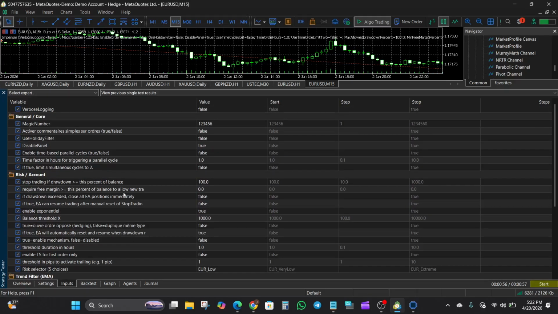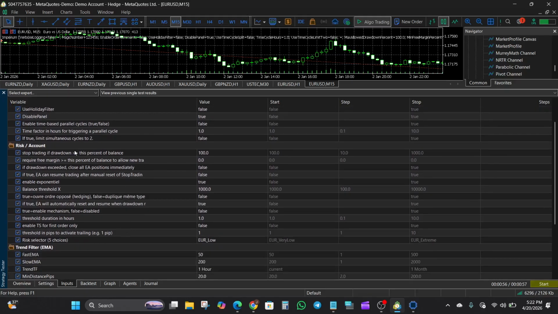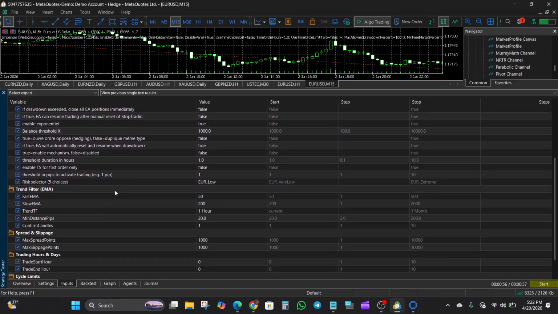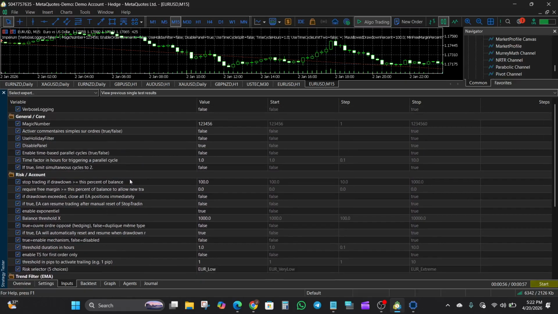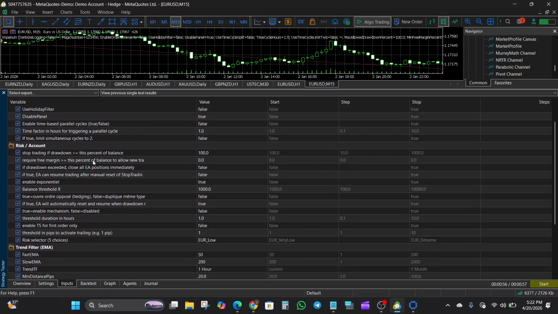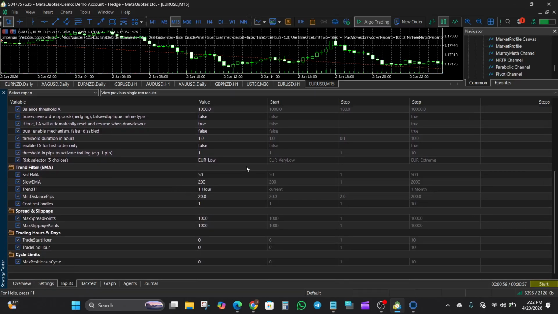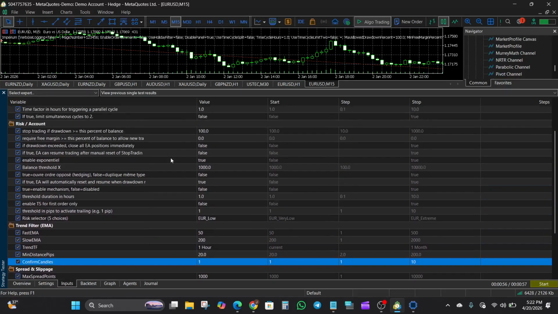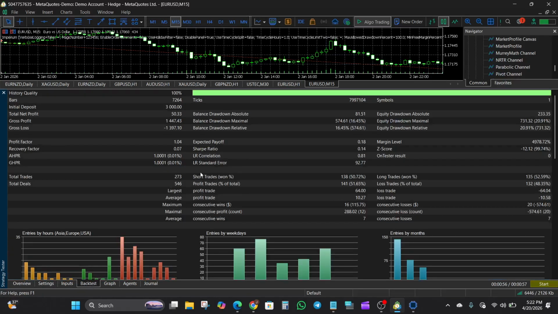We're not going to dwell so much on this particular area that is showing us the general settings, the risk settings, trend filter, and all of those things. These are just some of the settings, so let's head over to our results.